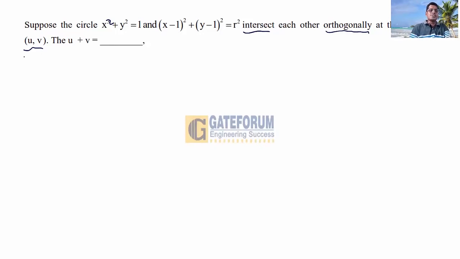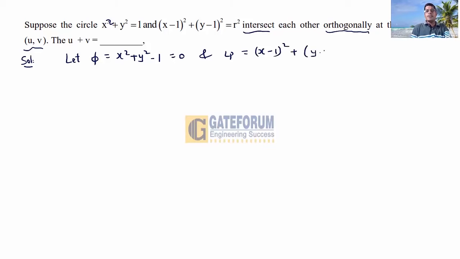The solution is, let phi equal to x square plus y square minus 1 equal to 0, and psi, that is psi of x comma y, equal to x minus 1 whole square plus y minus 1 whole square minus r square equal to 0. This is equation 1 and this is equation 2.